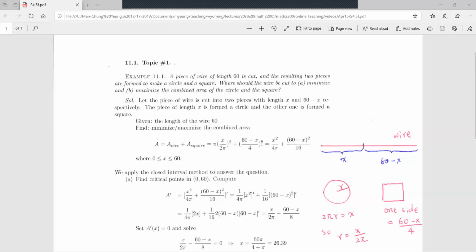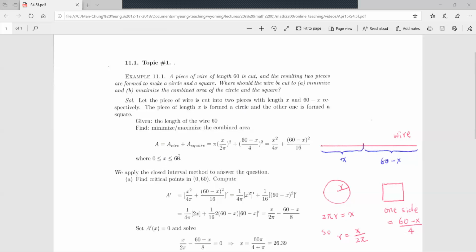x cannot be negative because x here is the length of one piece. x cannot be greater than 60 because the length of the whole wire is just 60.